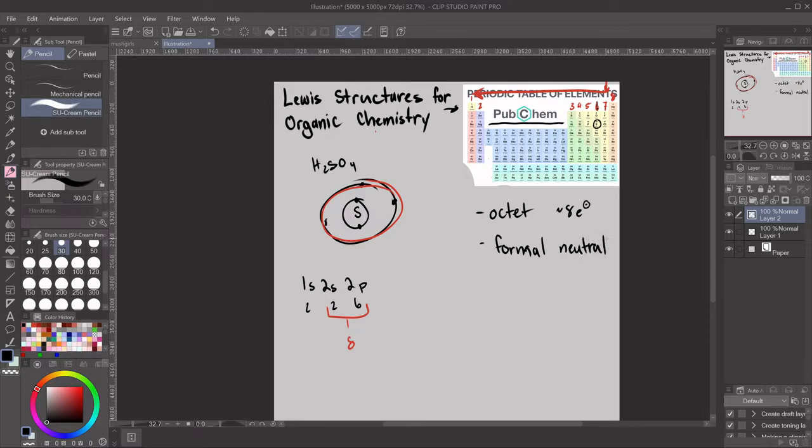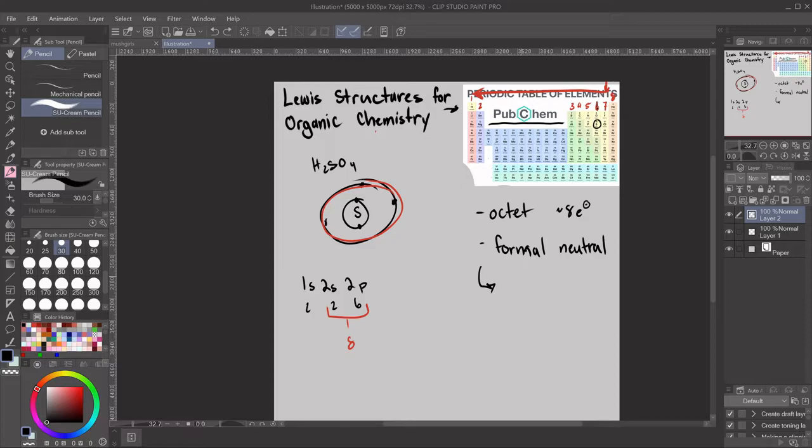Of course, we can't always have a full neutral charge, so there are a few rules that have to do with this. I want it to be as neutral as possible. So for example, a -1 charge is more neutral than a -2 charge. Resultingly, our molecule is going to prefer having the -1 charge.